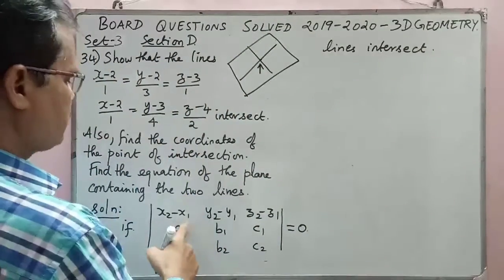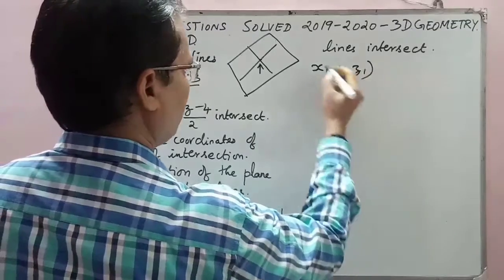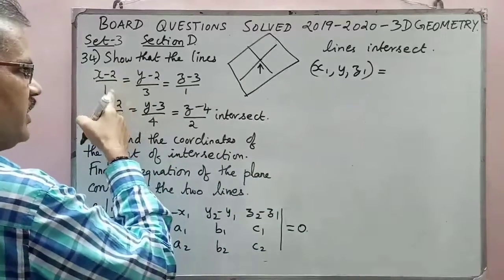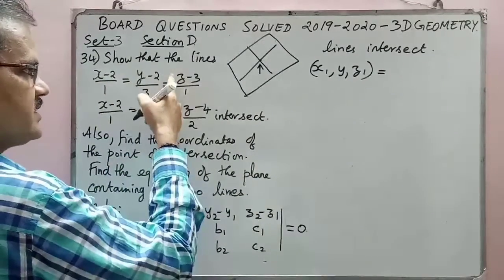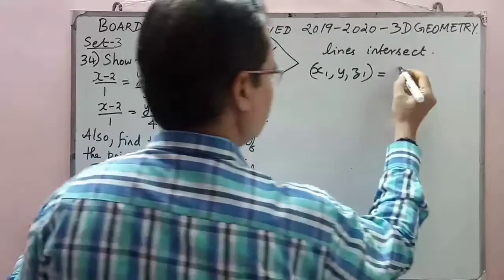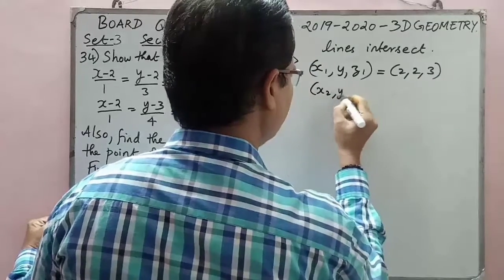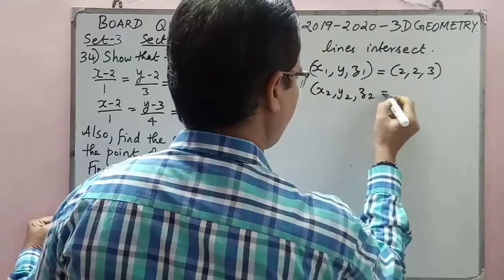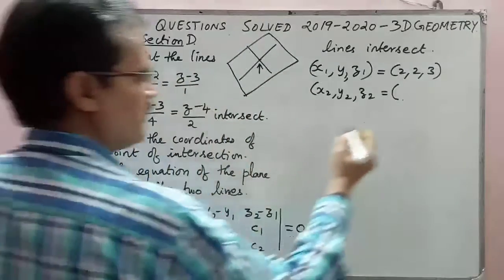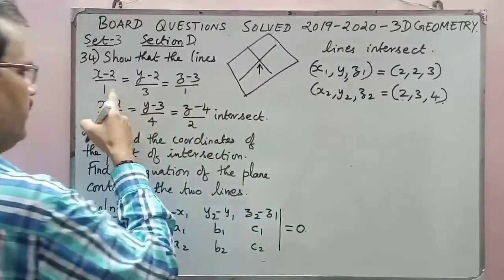Now let us find x1, y1, z1. We know the standard form x minus x1 by a1, y minus y1 by b1, z minus z1 by c1. So the point is 2, 2 and 3. Now x2, y2, z2: 2, 3, 4. A1, B1, C1.